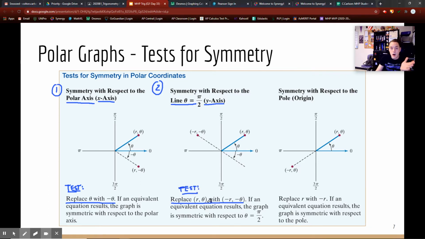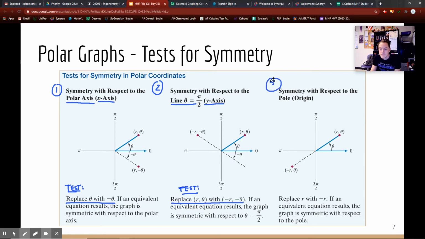So replace r and theta with negative r and negative theta. If it pops out to be the exact same graph, then it's symmetrical to what we call the y-axis. Mostly this is going to be for cosines because it's an even function, and so the negative theta won't necessarily affect it, if that makes sense.